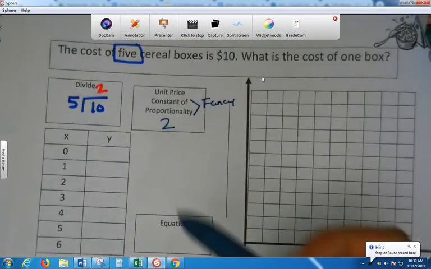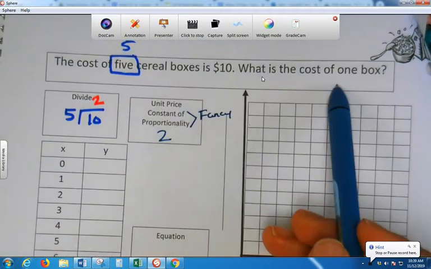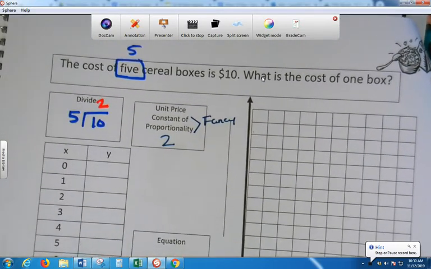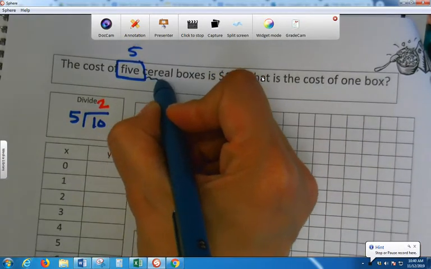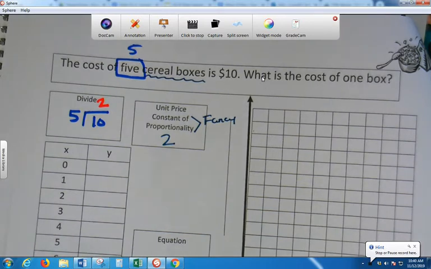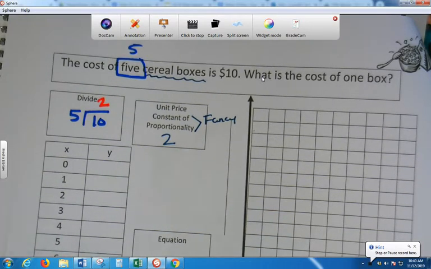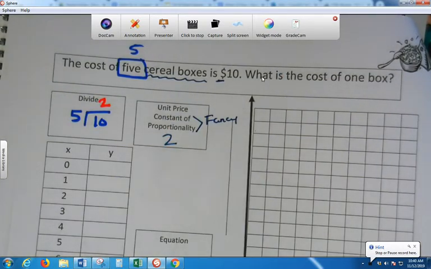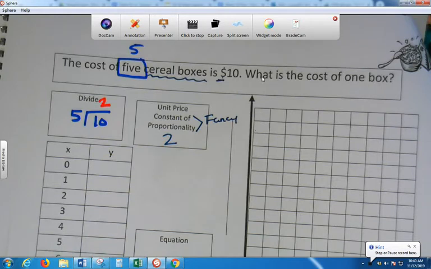Now, in our story, we're talking about 2 things. What are the 2 things we're talking about? Cereal boxes, and what else? The cost of them. In other words, money. So the 2 things we're talking about are cereal boxes and money. Now we have to determine those 2 things.